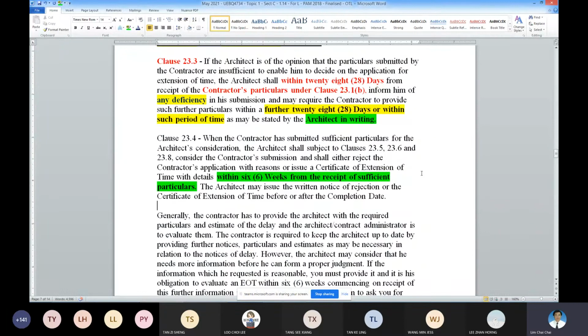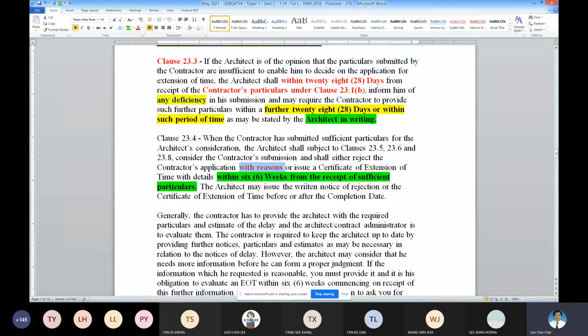So after that is completed, the architect will have to evaluate and provide reasons. The architect is to issue the certificate of extension of time, how long, together with reasons.